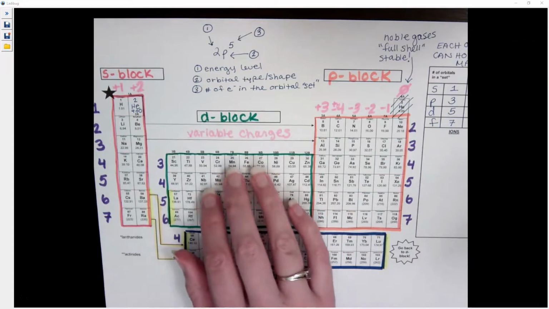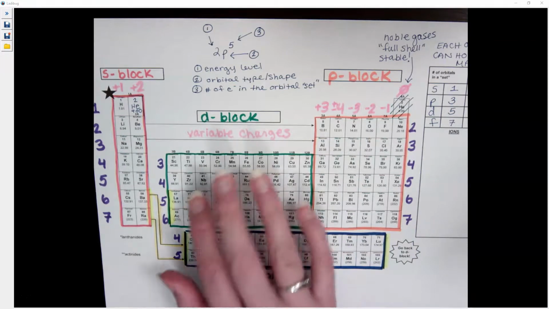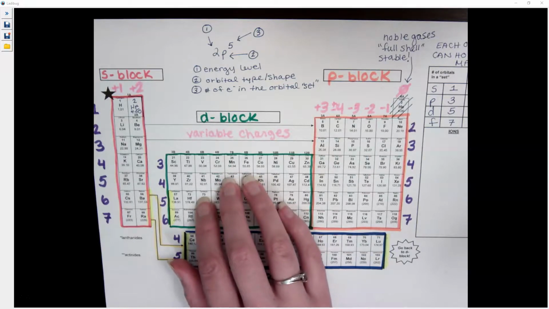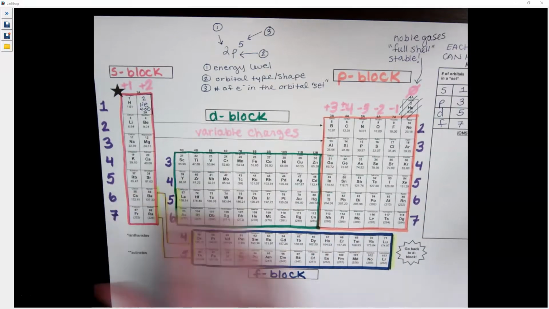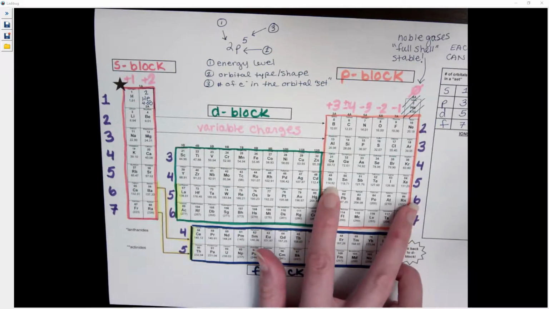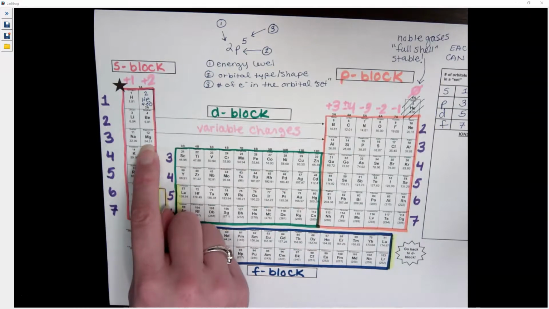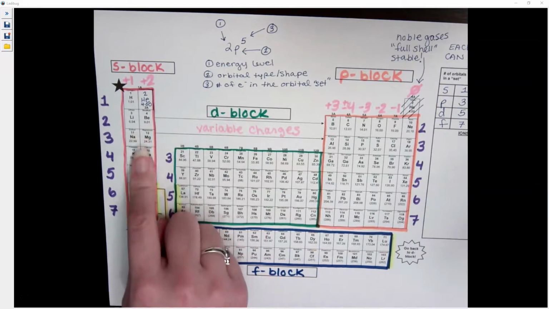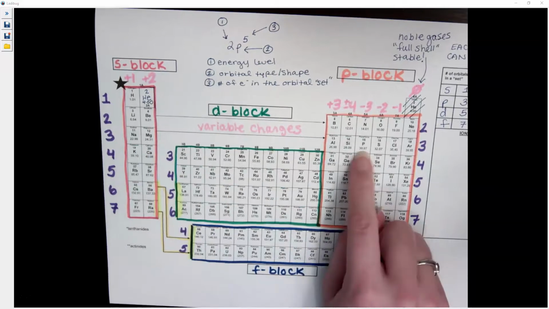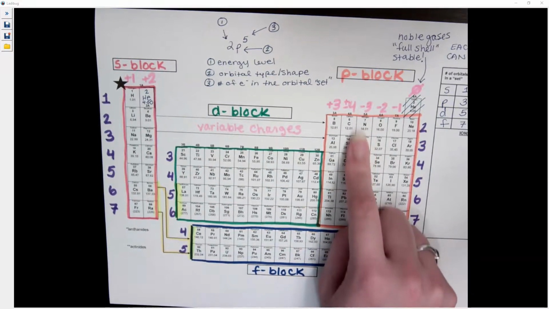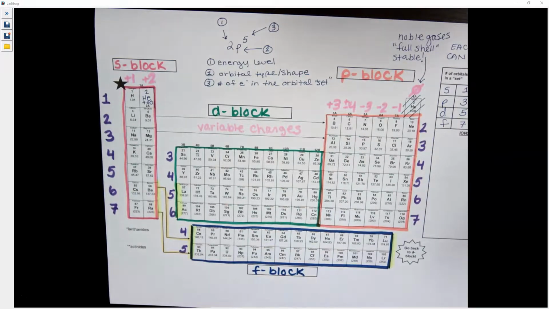So they don't always behave the same way. I would give you information about what charge they were making under the circumstance. The ones in the S and P block will follow the rules. You will know that magnesium is a +2 because it's in this second column. You will know that phosphorus is a -3 because it's in this column. Okay? So the S and P block follow the rules much better than the D and F block do.